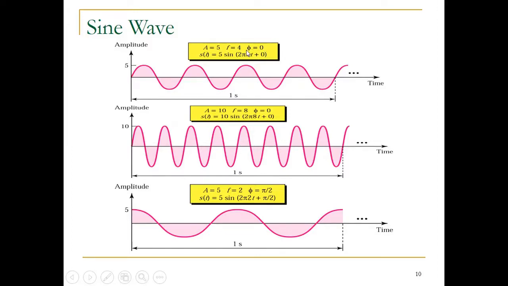Okay, so with this, if you notice the values that they were using, when the frequency was 4, you did have at an amplitude of 5 not as much frequency as you would expect.